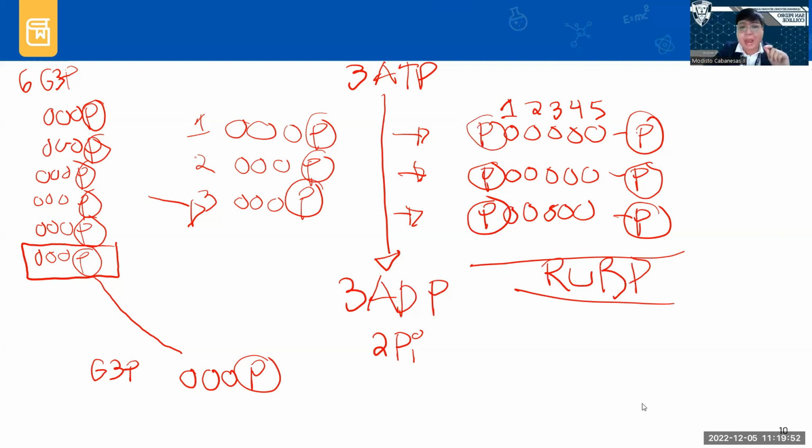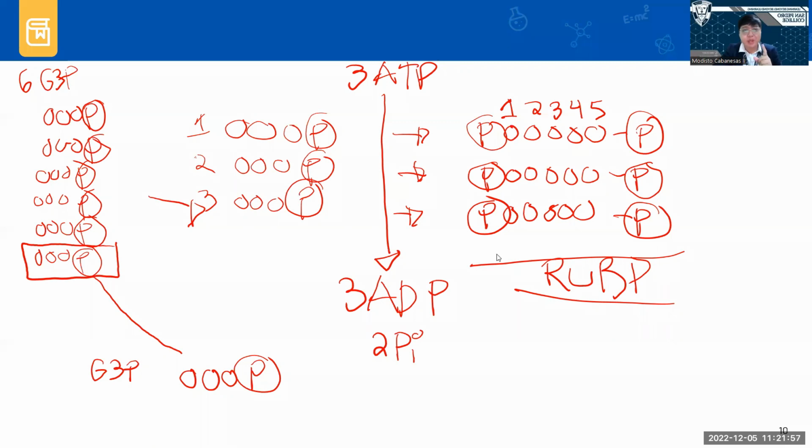Meaning, para makaproduce tayo ng one glucose molecule, how many times tayo need mag-Calvin cycle? Right, twice lang. Maybe you're searching sa Google, how many times do you have to have Calvin cycle para magano? Tama naman yung 6 if you only have one ribulose bisphosphate.